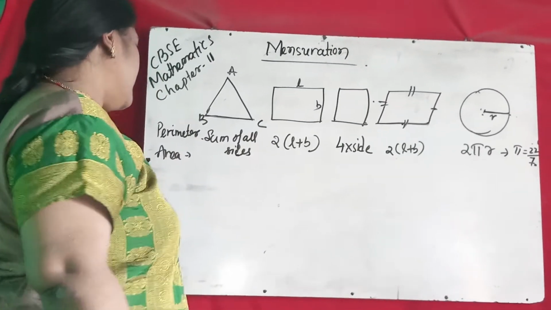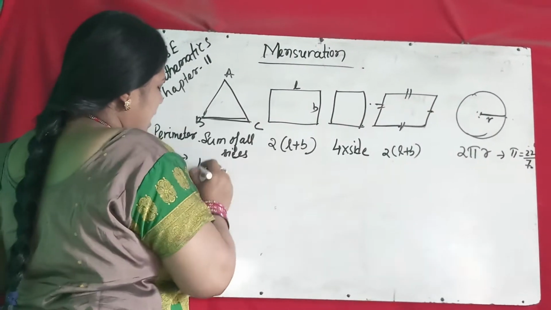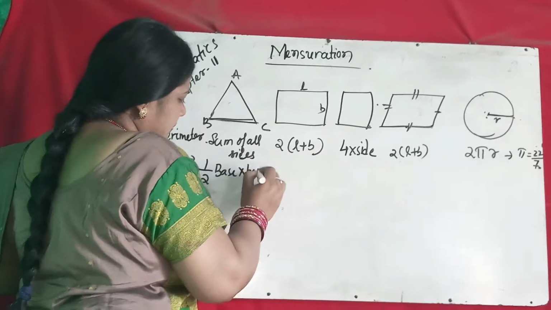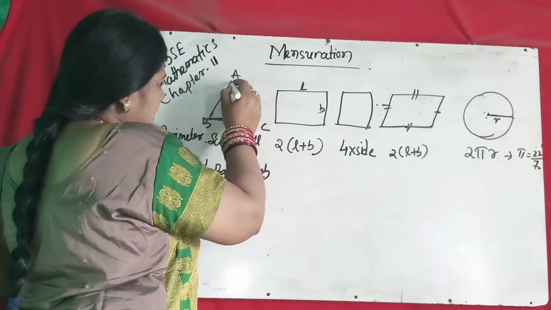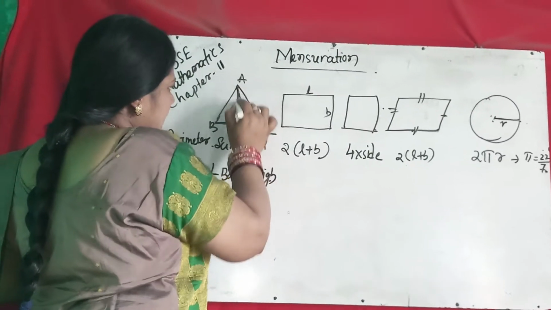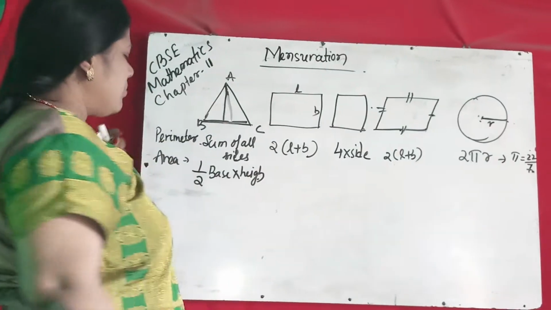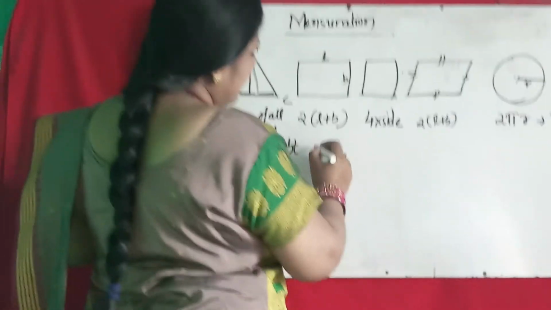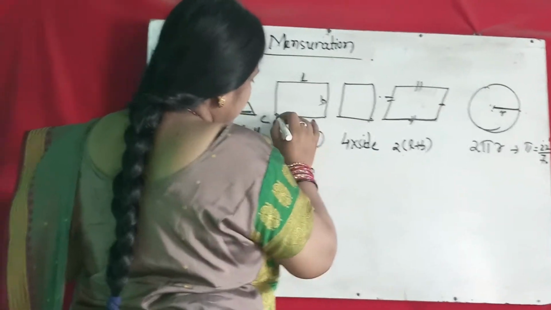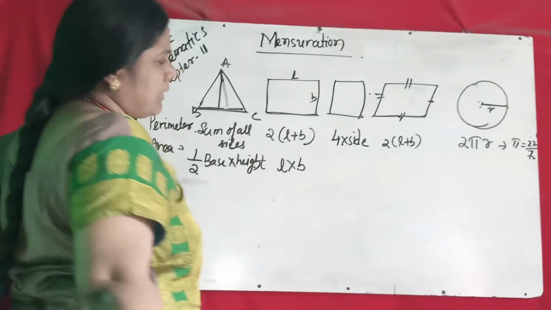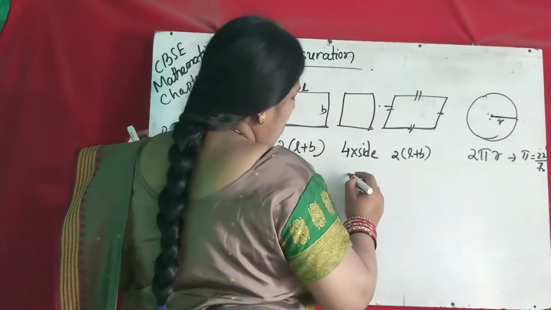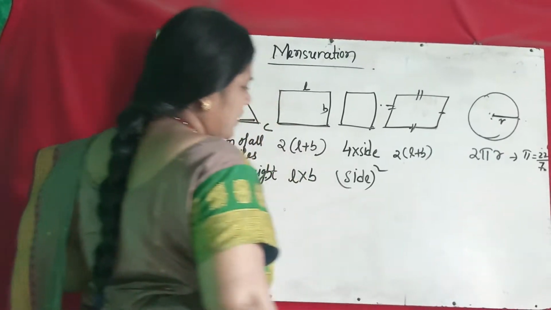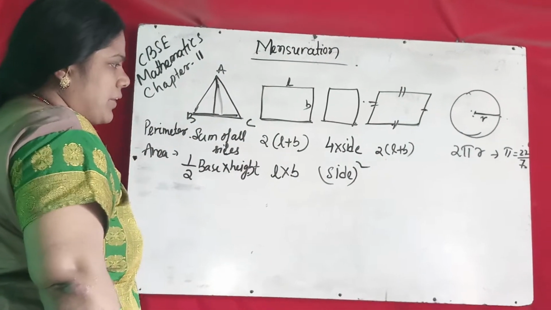If you come to area, for a triangle, with base and height, the area formula is half base into height. For a rectangle, length into breadth. For a square, side square, side into side.